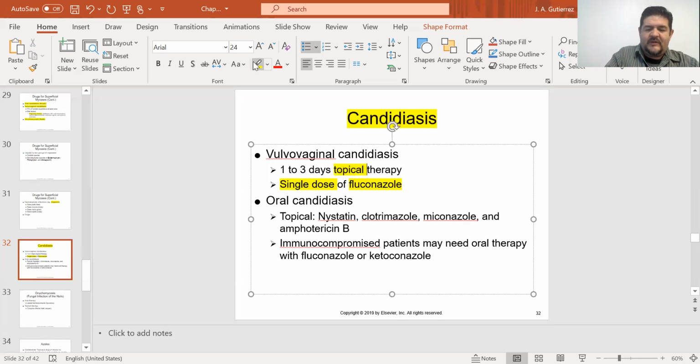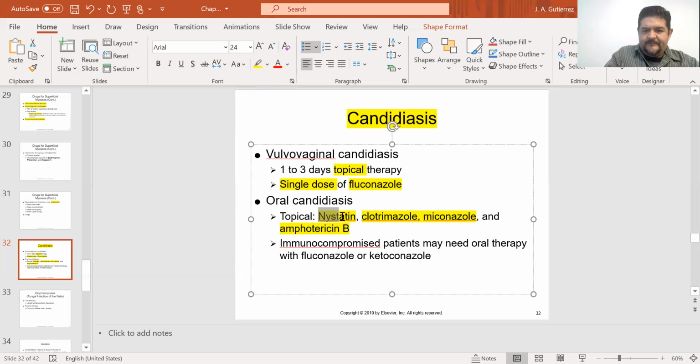So I mean, we're talking about ovules. Regarding oral candidiasis, the most common one is always going to be nystatin oral solution. And then the other ones, clotrimazole, miconazole, only if the patient is allergic to nystatin. And amphotericin B, this is only used when the infection by Candida becomes systemic.